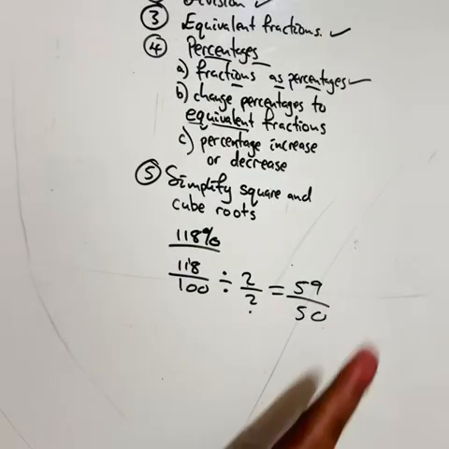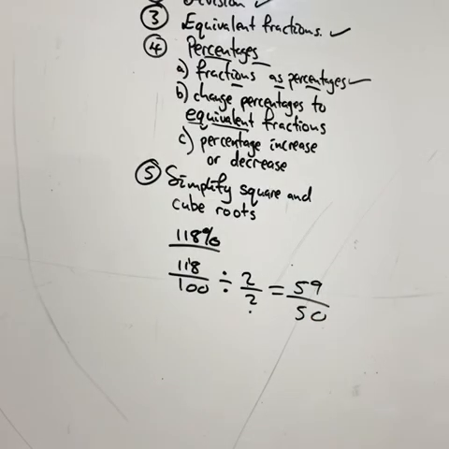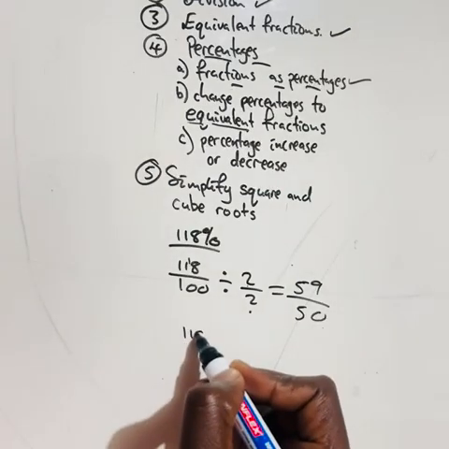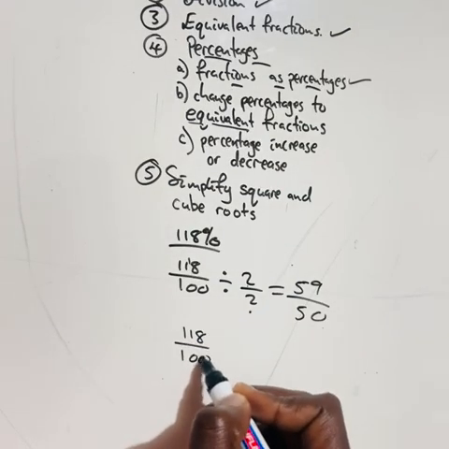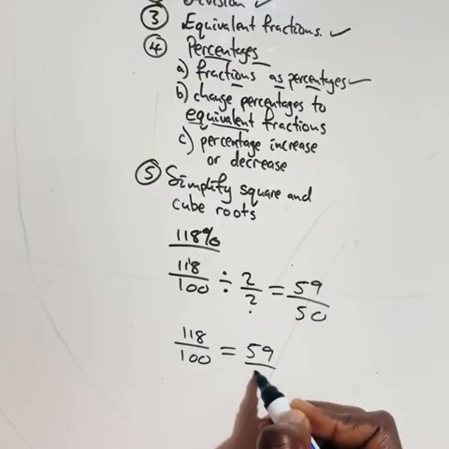Right? Now we've got 59 over 50. These numbers, do we have anything which can be divided further? I don't think so. Right? So in such a case, I can simply take 118 over 100, and I say 118 over 100 is equivalent to 59 over 50.